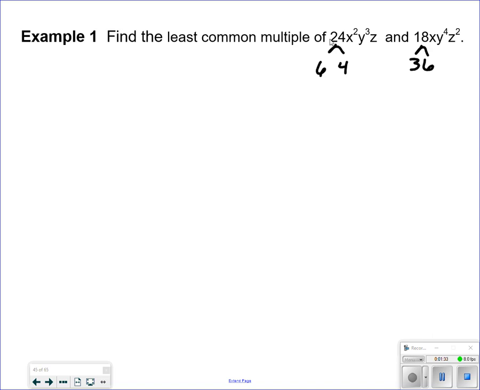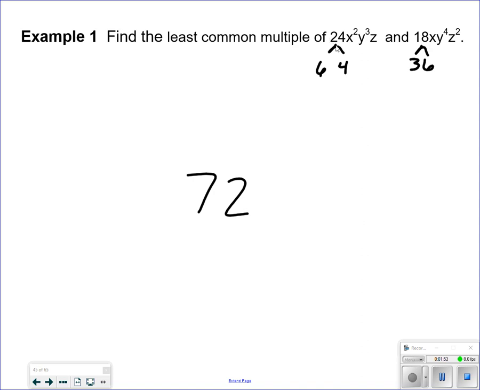You see that both of them have a 6, and the first one has a 4, and the second one has a 3. So if I take one of each of those, a 6, a 4, and a 3, I get 72, and that is the least common multiple. If I multiply 24 by 3 and 18 by 4, that's going to get us to 72.